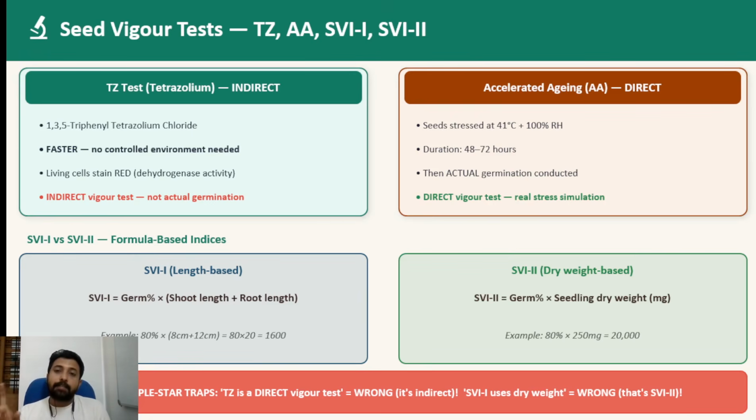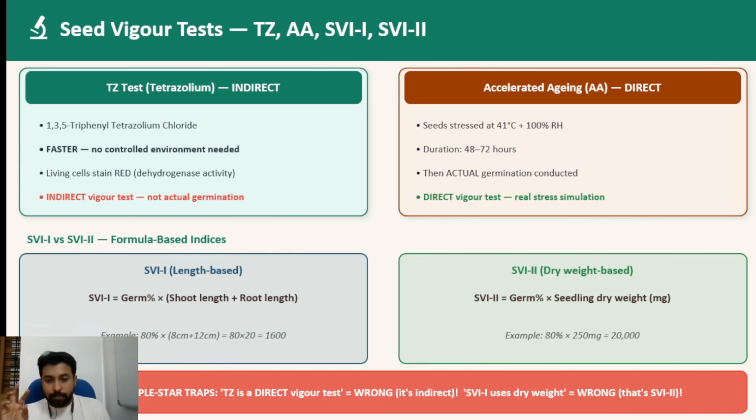Then comes the seed vigor index. There are two types of seed vigor indices. One is the length based approach and the second one is the direct seed weight based approach.